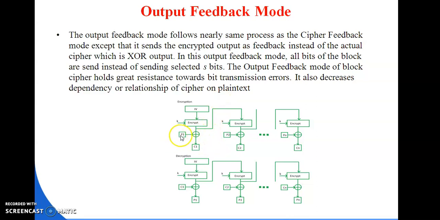Here Pi means your plain text P1, P2 to Pn. Other bits are not affected, and remember that in comparison with the CFB mode, the ciphertext bit Ci is fed back as input to the shift register and would corrupt the other bits in the message. So this is about the output feedback mode.